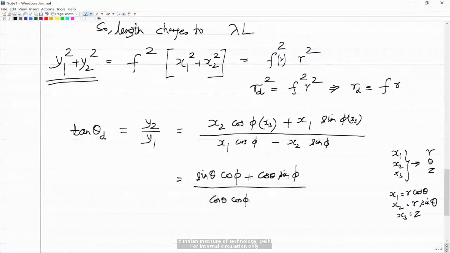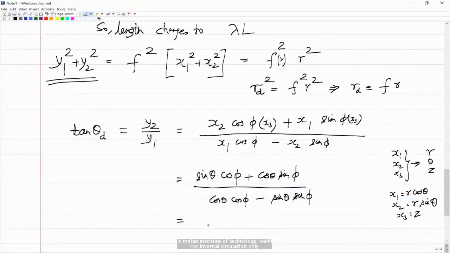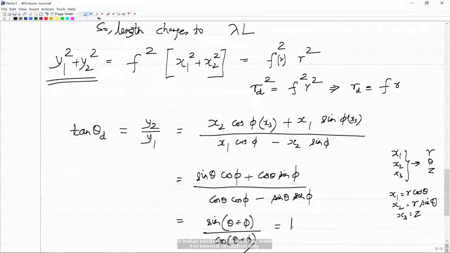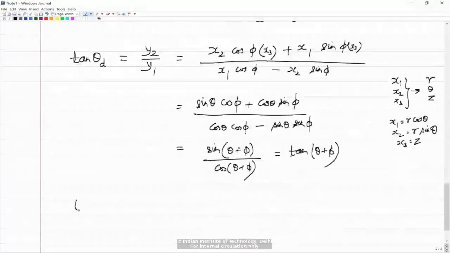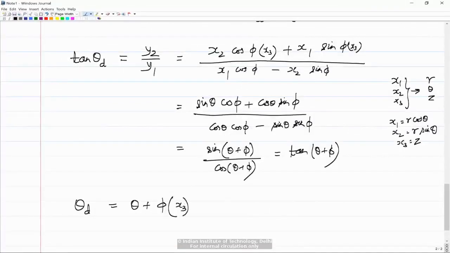So what we have is sine theta cos phi plus cos theta sin phi, divided by cos theta cos phi minus sin theta sin phi. And now you can see the numerator is sine of theta plus phi and the denominator is cos of theta plus phi. Okay, so that's tan of theta plus phi, right? So what you see is that theta d, in the deformed configuration, the theta coordinate is simply theta plus phi, where this phi is a function of x3.